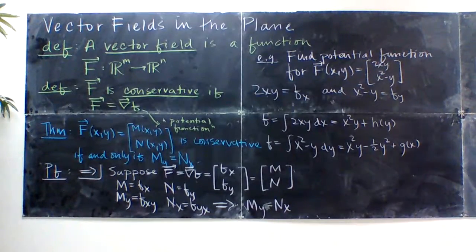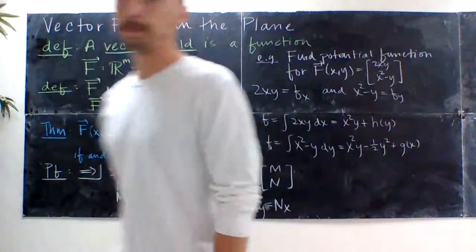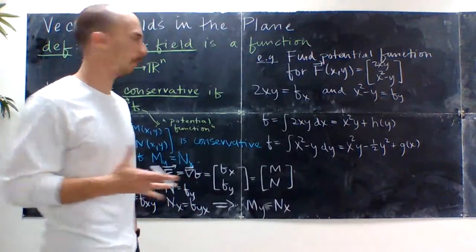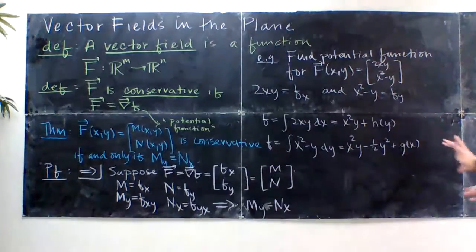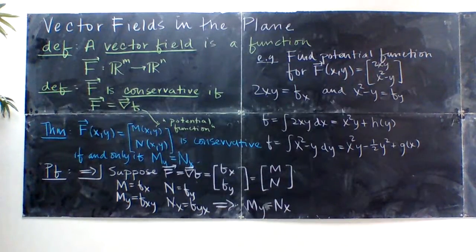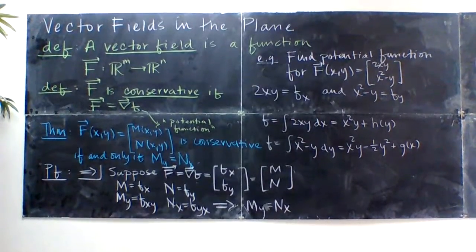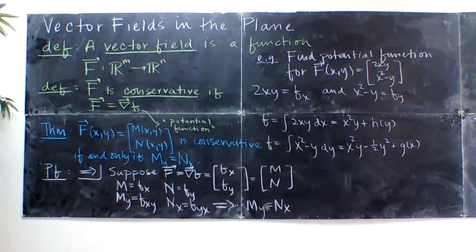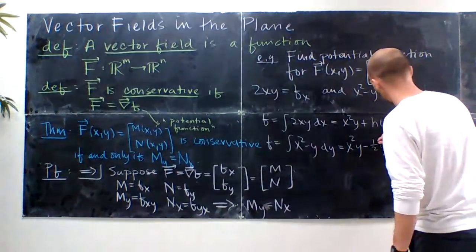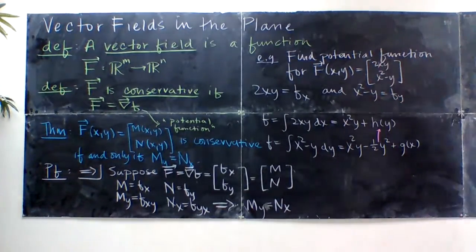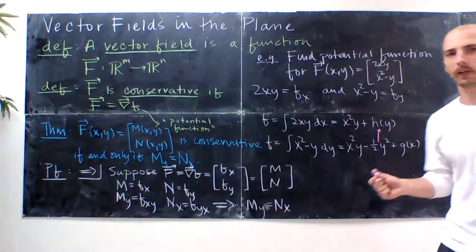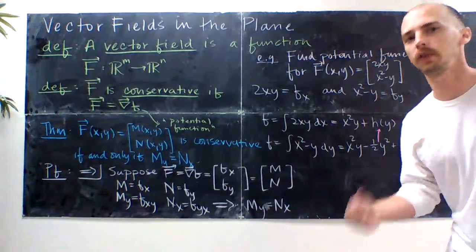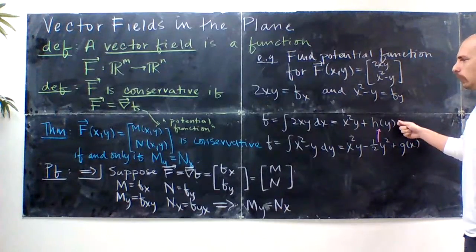Now I'm going to take a step back and look at this: really, f is a function that fits all of these requirements. I've got my h of y, I have found it, it's right here. And g of x, if it was not a constant, some function of x, I would need to see evidence of it over here.